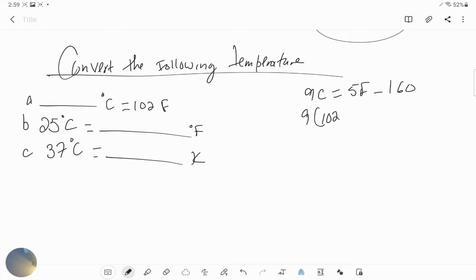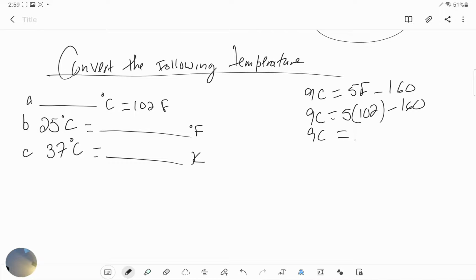This is 102 Fahrenheit, so 9C equals 5 times 102 minus 160.